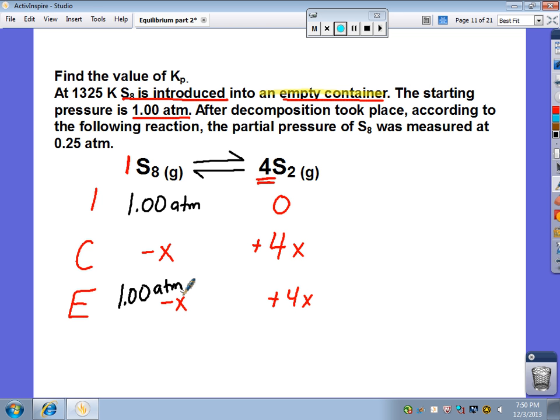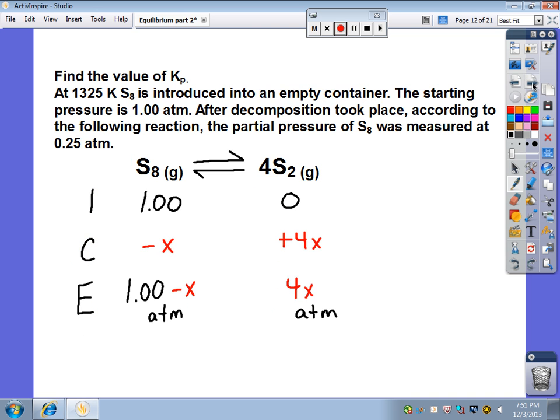Okay, so we know that S8, right here, at equilibrium, actually has a value. It's 0.25 atmospheres. So that means after that 1 atmosphere went down, there's 0.25 atmospheres left. And they want us to find the value of Kp. So how do we do that? Remember, this is equal to 0.25 atmospheres.